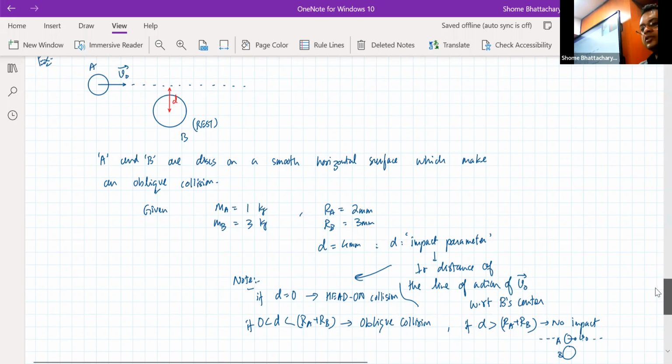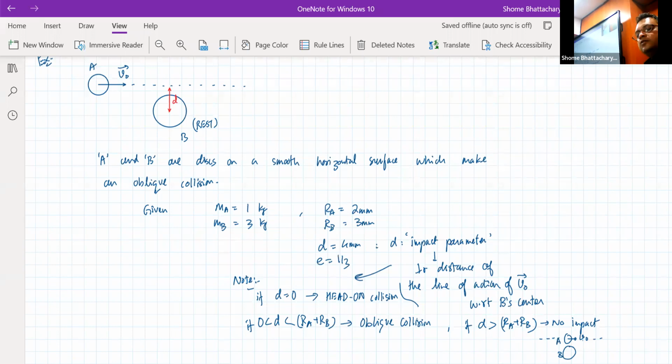Okay. So all this information is given. Now we have to find. Now suppose E is also given to us, and E is equal to, let's say, 1/3.